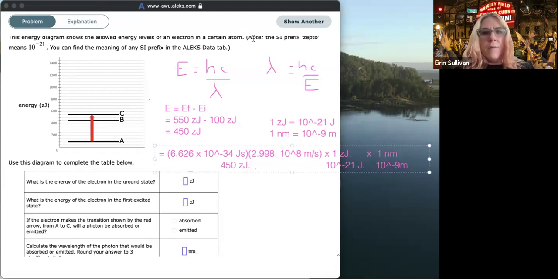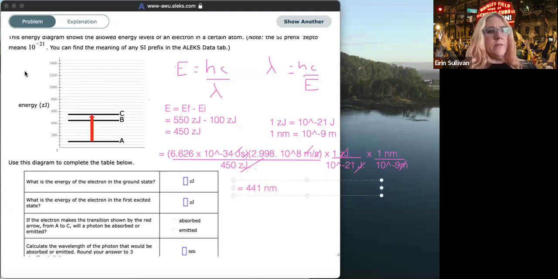If I look at my units, I will see that those pesky zeptojoules cancel out, my joules cancel out, my seconds cancel out, my meters cancel out, and I'm just going to end up with my answer in nanometers: 441 nanometers. And that's all there is to it.